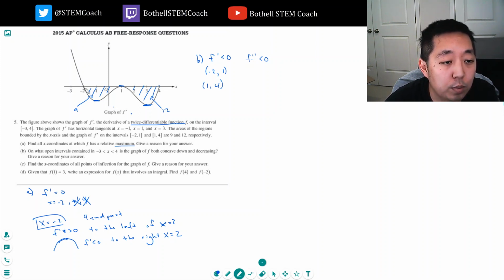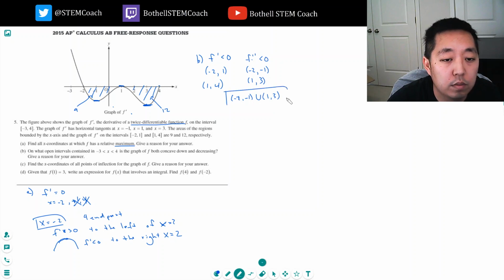So the slopes here are negative between -2 and -1, and then 1 to 3. If I look at what overlaps between this interval and this interval, my answer is -2 to -1, union with 1 to 3. Okay, those are the intervals.